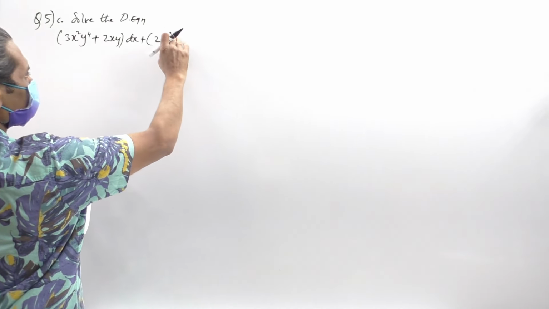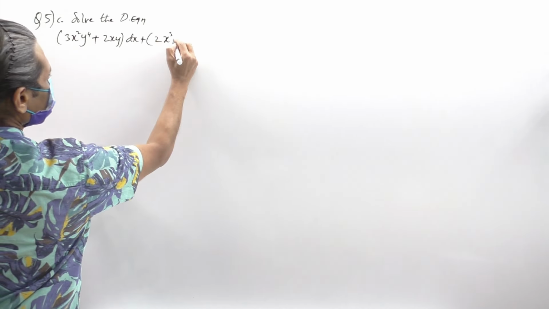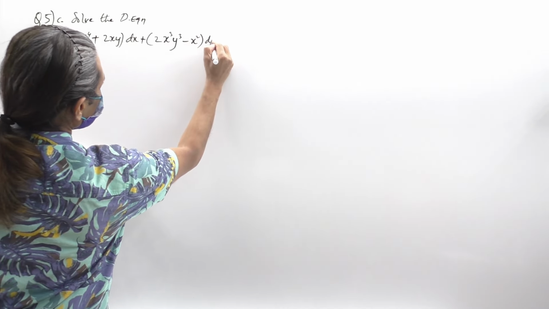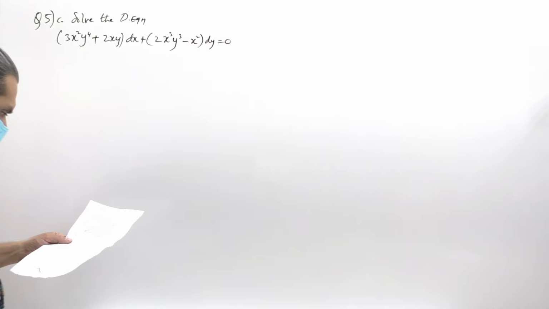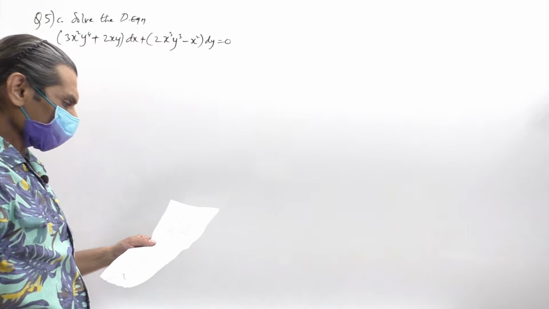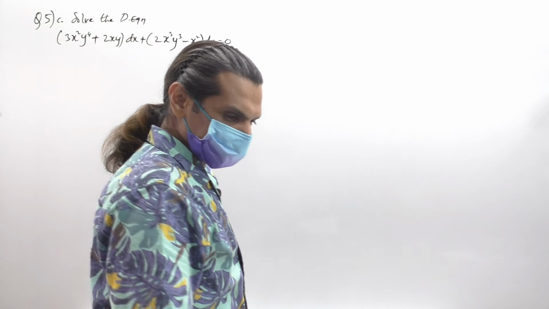It's x cube y cube, sorry. Verify the question carefully: 3x square y raised to 4 plus 2xy dx plus 2x cube y cube minus x square into dy. Okay, let's solve this problem.